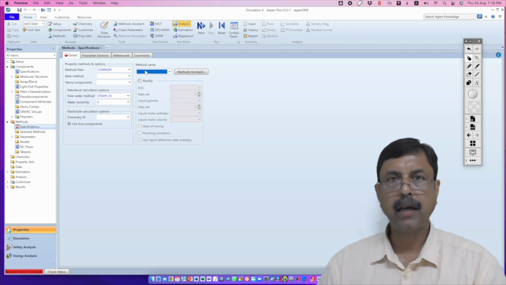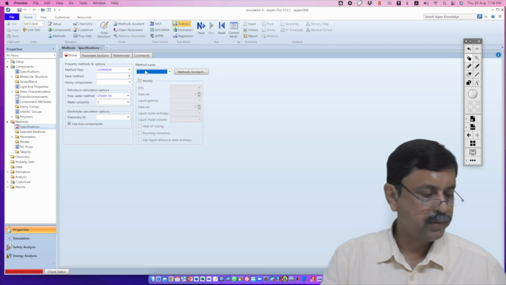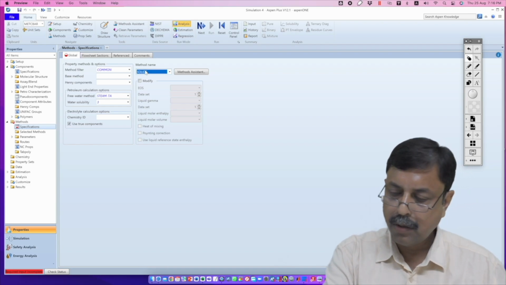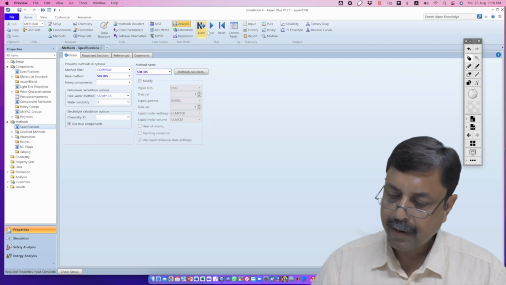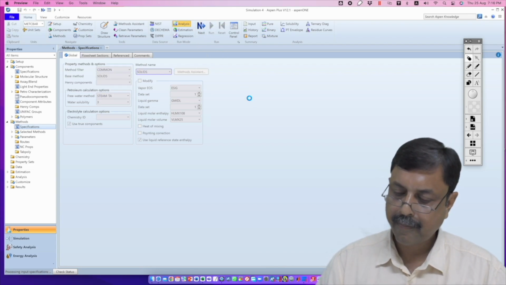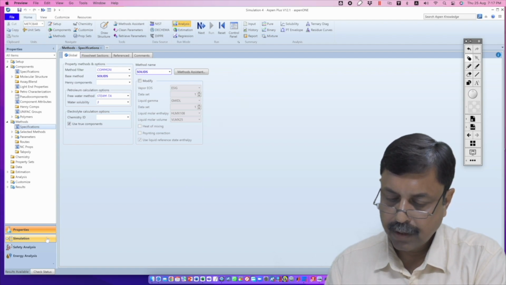For the method name, let us use SOLIDS because there is no reaction occurring anywhere. So we use SOLIDS and run. Okay, so the property run is complete.